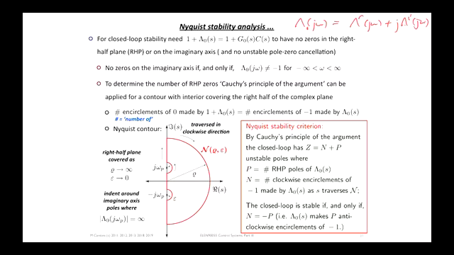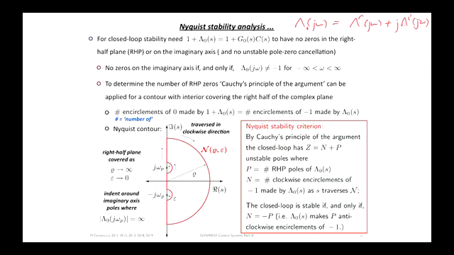And in order for the closed loop to be stable, we need the number of clockwise encirclements of -1 made by the open loop transfer function as S traverses this so-called Nyquist D contour in the clockwise direction to be 0. But this is just an application of Cauchy's principle of the argument.